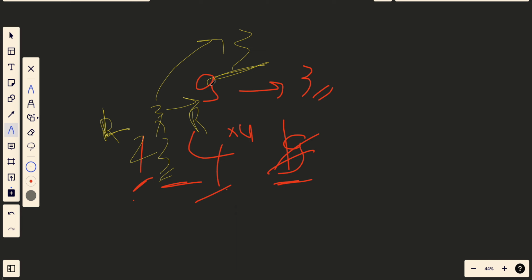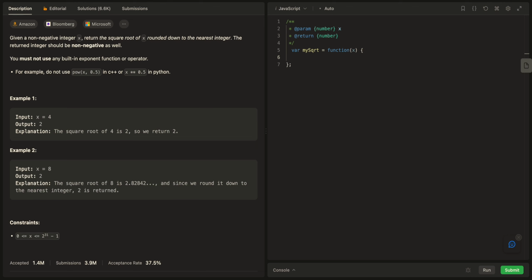So let's just put this into code. I will say let left equals 1.